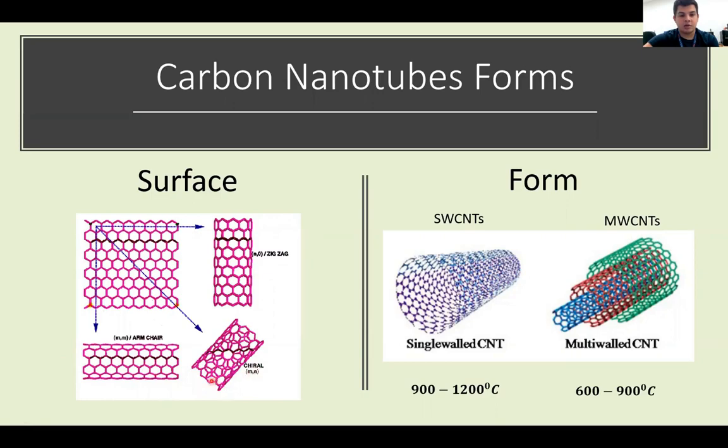We have the chiral surface structure, where the hexagons make a spiral along the surface of the carbon nanotube, and we have the zigzag, where a zigzag structure forms along the axis of the carbon nanotube. We could also have single-walled or multi-walled carbon nanotubes that are formed in this range of temperature in the chemical vapor deposition.